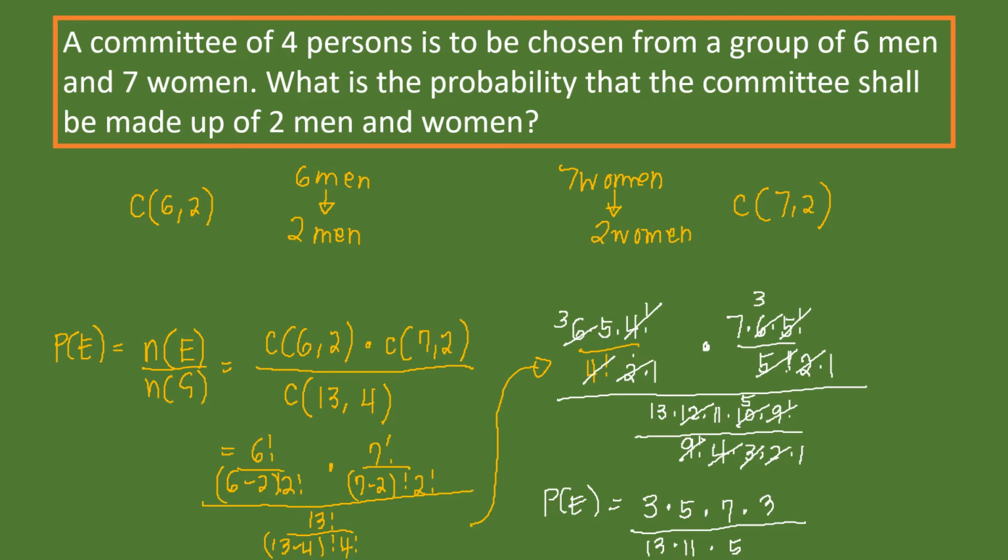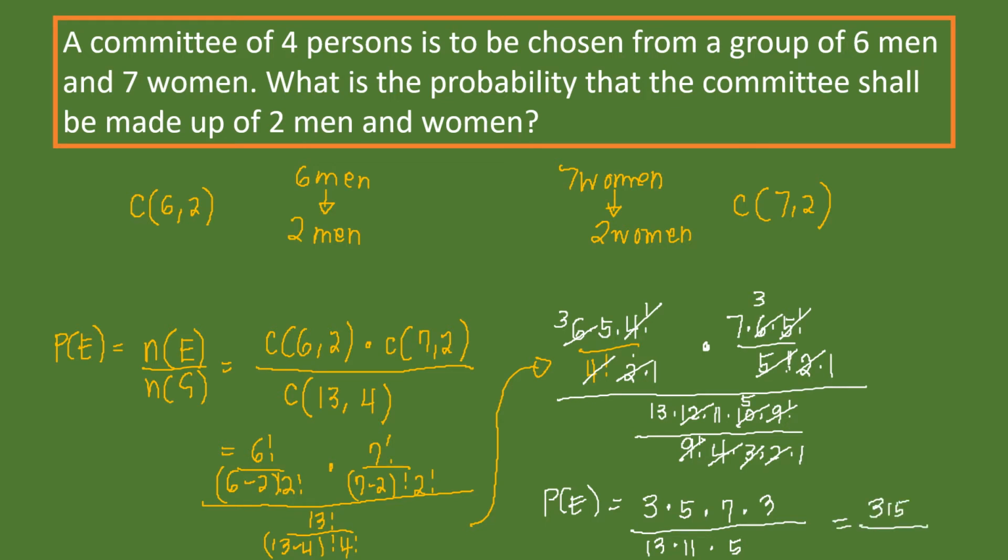So if we multiply that using our calculator, what will be our answer? So let's multiply. 3 times 5 times 7 times 3 gives us 315.